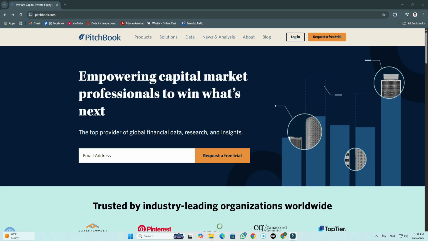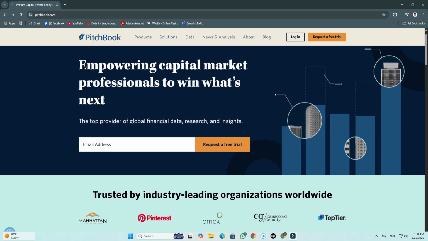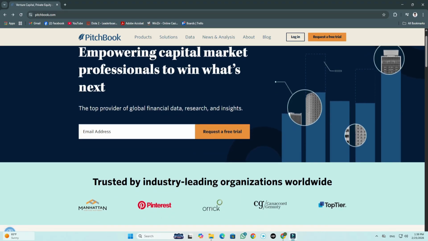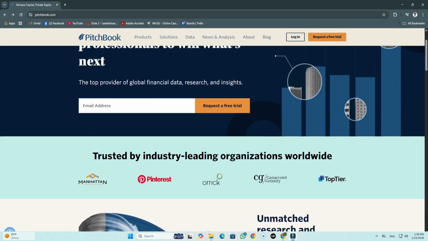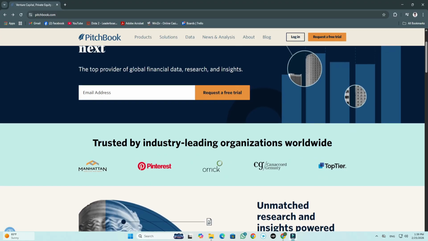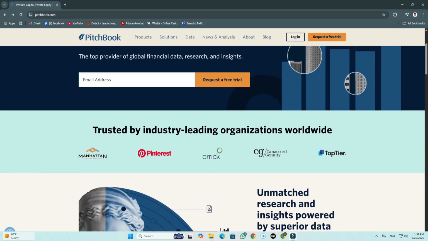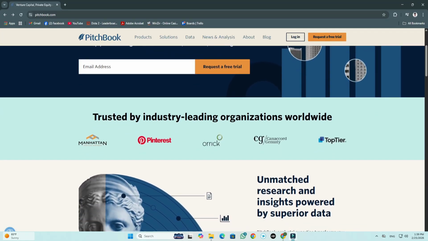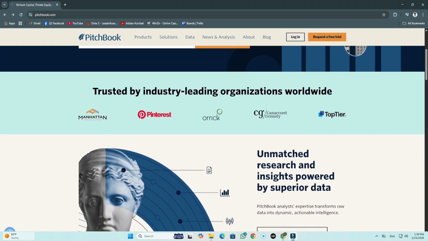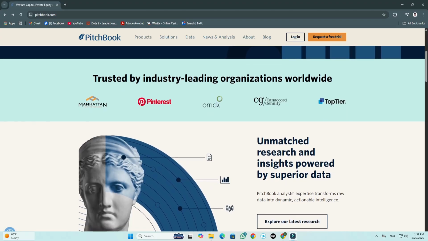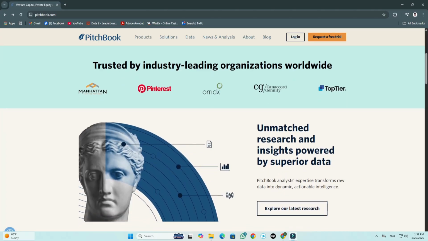So for its key features and benefits, first is the deep company profiles and custom search filters. PitchBook gives you access to millions of company profiles with extensive information on financials, funding history, valuations, employee counts, ownership structure, patents, and key executives.